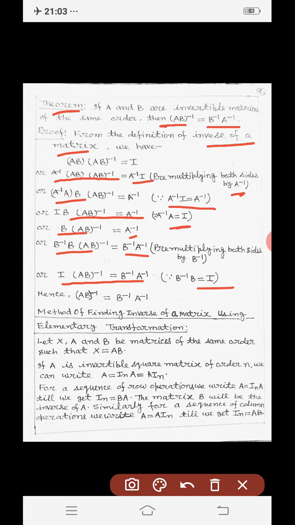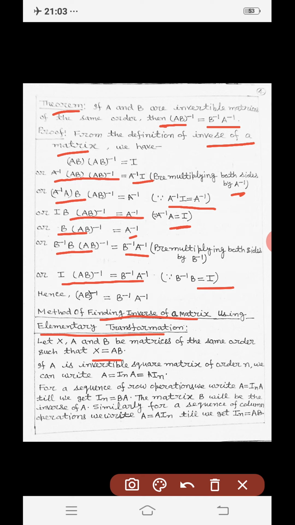Now we will discuss the method of finding the inverse of a matrix using elementary transformation. Let X, A and B be matrices of the same order such that X is equal to AB.